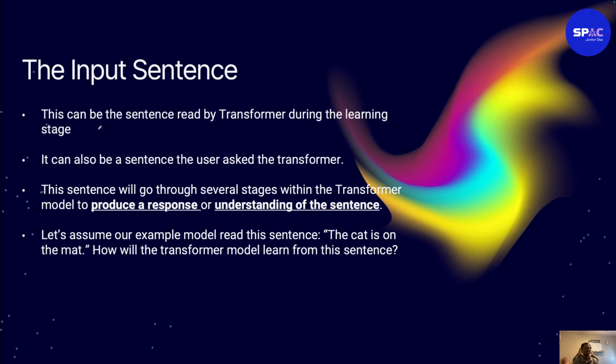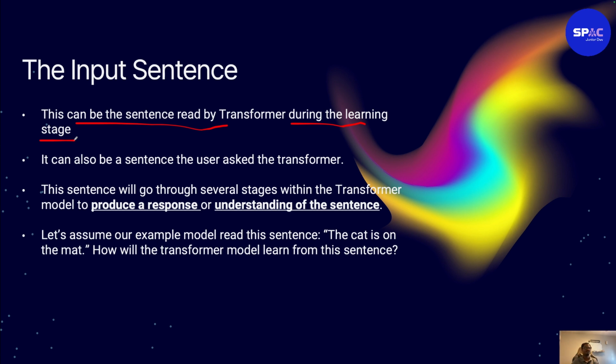Very simple. The input sentence. The first step is the input. This can be a sentence read by the transformer during the learning stage, so it is just what you put into it. The transformers actually learn before you interact with them, so the input can also be what the transformer read before. Like we talked about in the LLM video, LLMs read a lot of text to understand things.